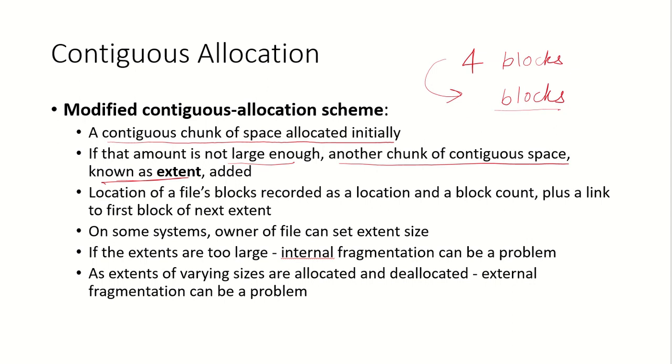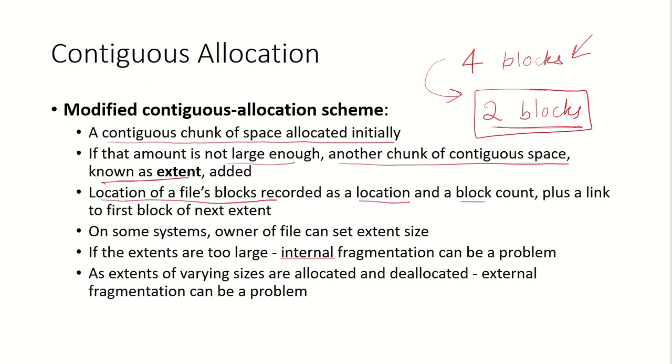Another way of doing it is that if it needs extra space, then another 2 blocks will be allocated which will be contiguous. So this is an extent of this original file and the location of the file's blocks is recorded as a location and a block count plus a link to the first block of the next extent.